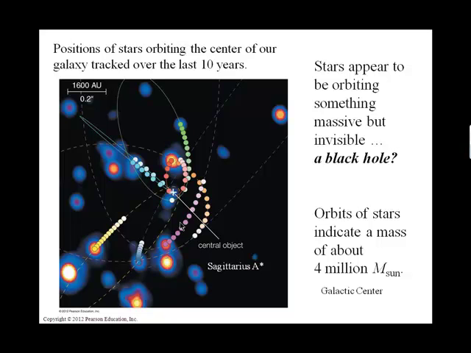The reason for that is we can watch these stars over a period of 10 years, and their orbital cycle, and then we know, because of their orbital motion, what they are orbiting, which is a supermassive black hole.